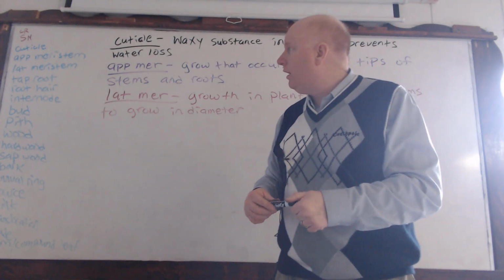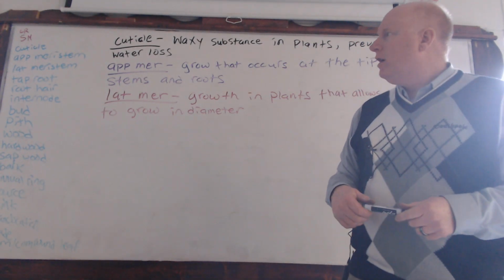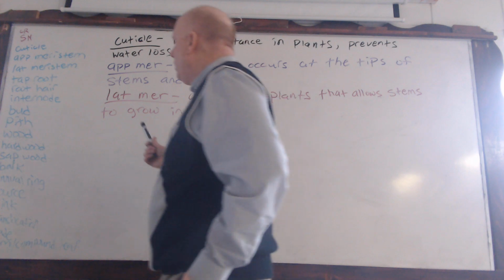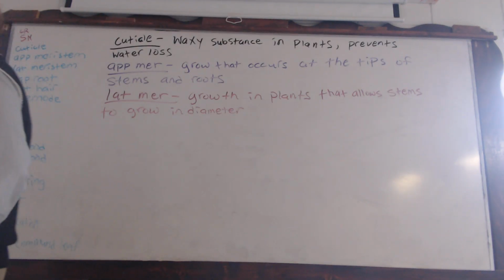Then our next one looks like it is a taproot. One of the things to think about is this can also be food. Radishes is one. What might another vegetable be that you consume by pulling it out of the ground? Carrot, maybe. Carrots are another one. Those are also taproots.